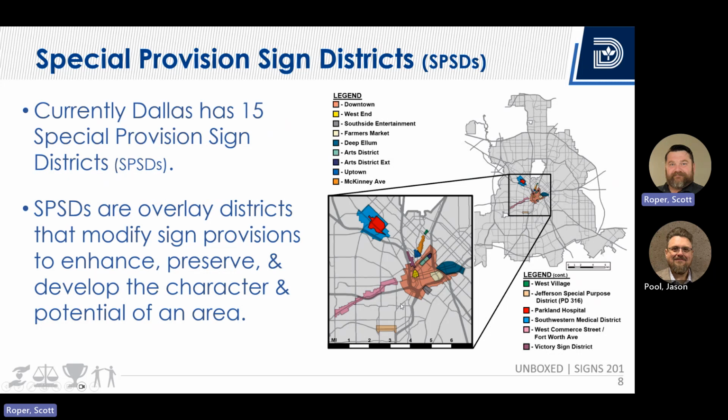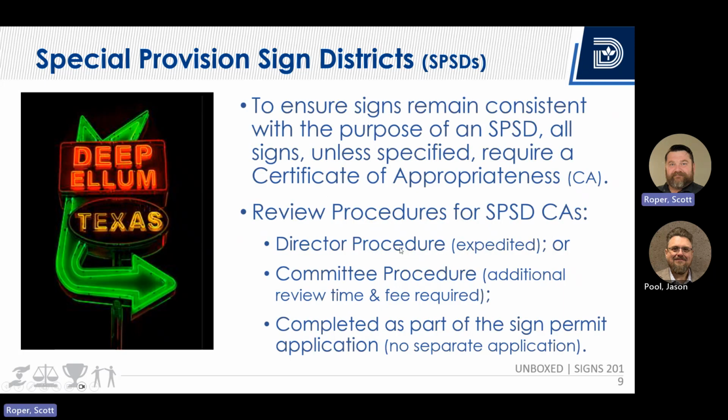Currently, Dallas has 15 special provision sign districts. They're all listed here and mapped out. SPSDs are overlay districts that modify sign provisions to enhance, preserve, and develop the character of and the potential of an area. To ensure signs remain consistent with the purpose of an SPSD, all signs, unless specified, require a certificate of appropriateness.